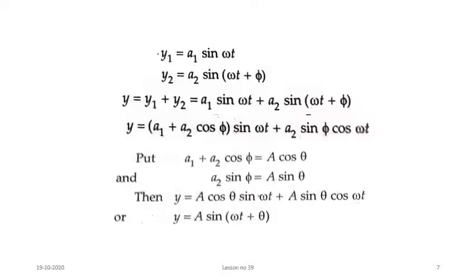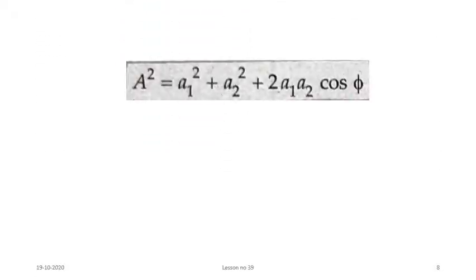Fine. Now on the basis of this equation, I can write the amplitude expression as A squared equals A1 squared, the amplitude of the first wave squared, plus A2 squared, the amplitude of the second wave squared, plus twice A1 A2 cos phi.